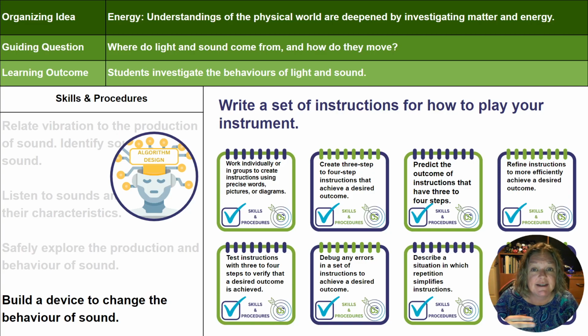And so just in asking students to do that as sort of a culmination to this device building project, I'm going to be also able to tick off some of these computer science skills and procedures, whether I'm explicitly assessing them right now or I'm just having students practice these skills for assessment later on. It's a great opportunity to draw them into this energy concept and practice with these instructions and building algorithms.